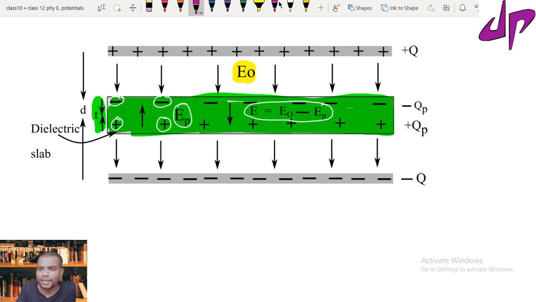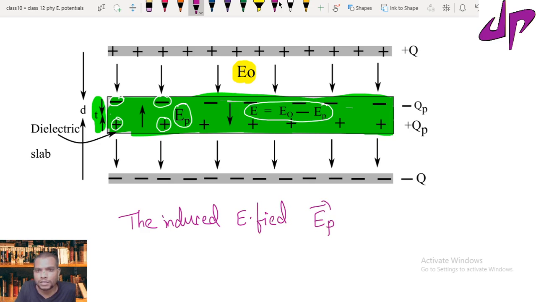The induced electric field E suffix P is given by sigma suffix P by epsilon naught. Here sigma suffix P is the surface charge density due to polarization. That is the expression for the electric field inside the dielectric medium.